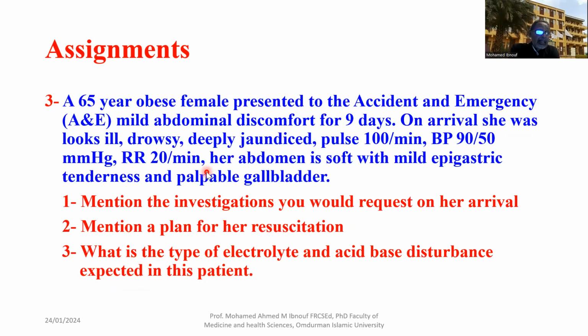And the third question is, a little bit difficult: a 65-year-old obese female presented to the accident and emergency A&E with mild abdominal discomfort for 9 days. On arrival, she looks ill, drowsy, deeply jaundiced, with a pulse of 100 beats per minute, blood pressure 90/50 millimeters of mercury, which is rather low, and respiratory rate 20 breaths per minute, and her abdomen is soft with mild epigastric tenderness and a palpable gallbladder.